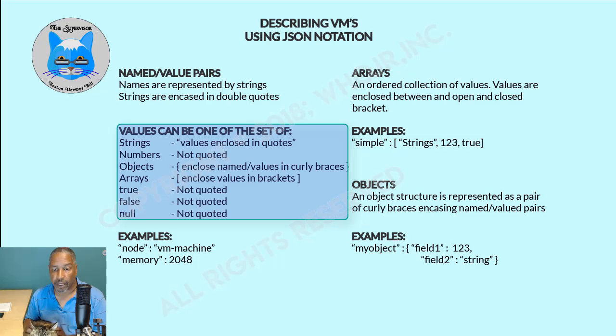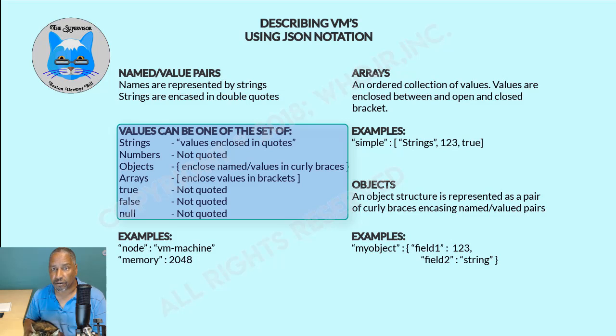And of course, we have true and false, which are Boolean literal values, so we don't need to enclose them in quotes. We just type out the word true and the word false, and JSON will convert that into a Boolean value. And we have null, which is the empty string.